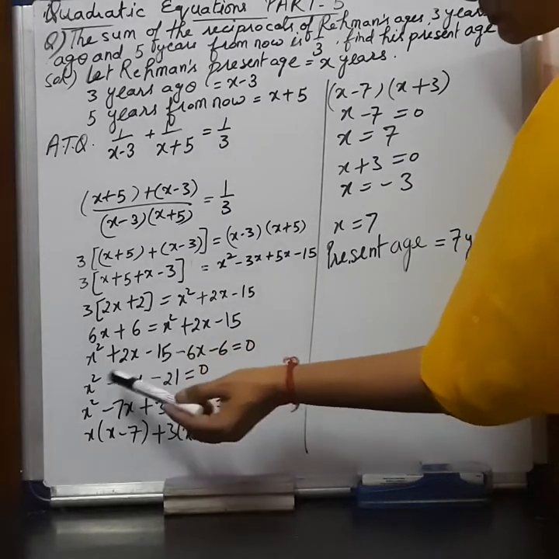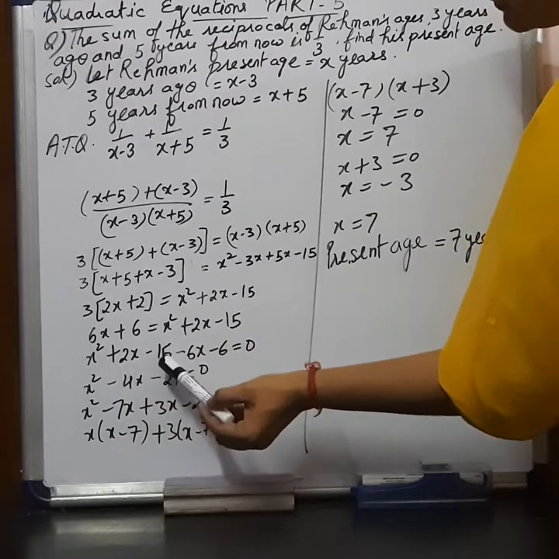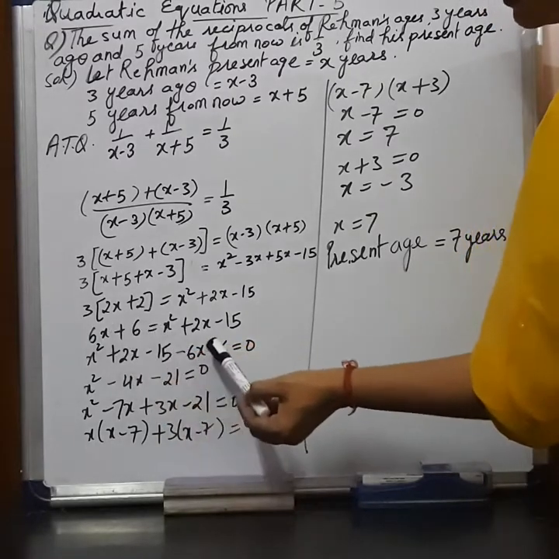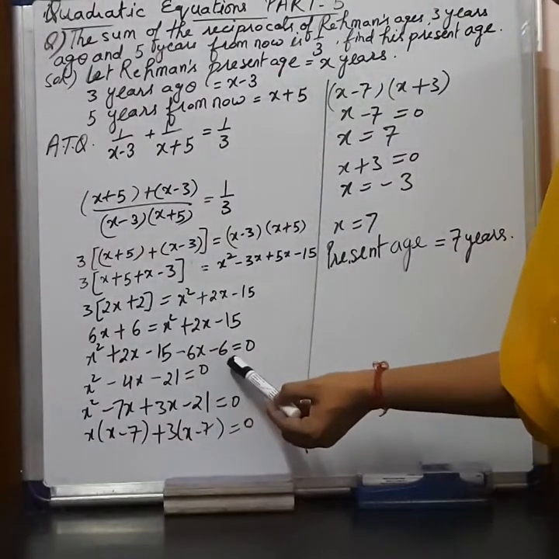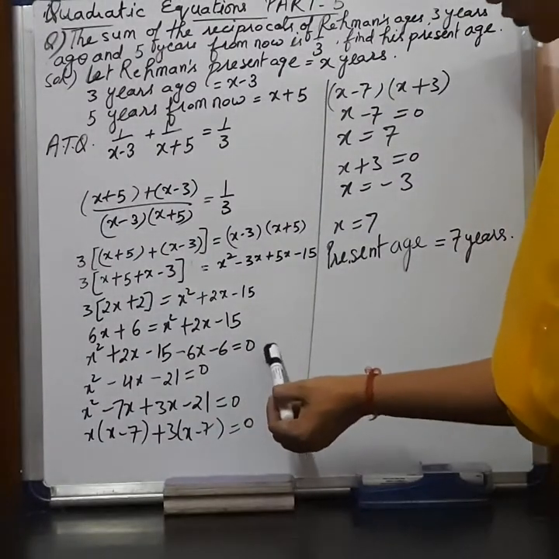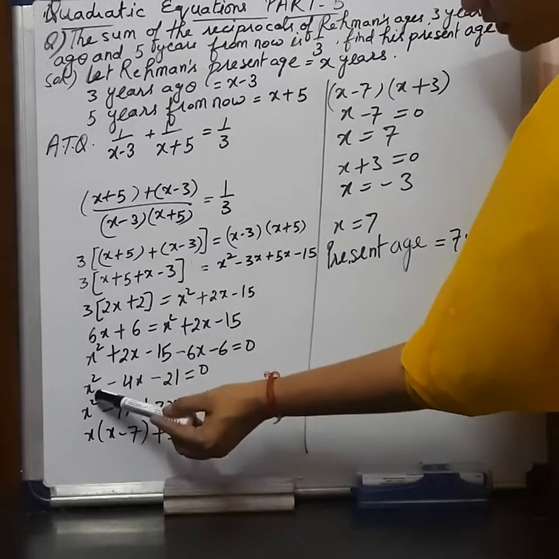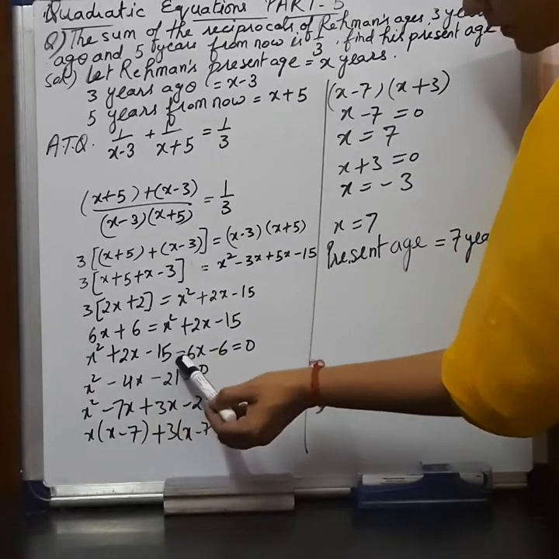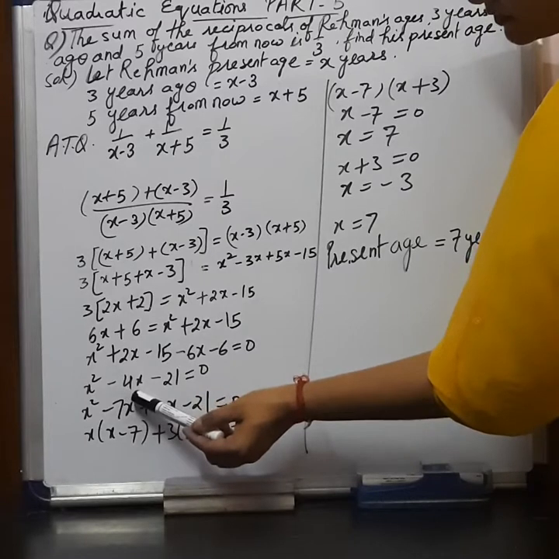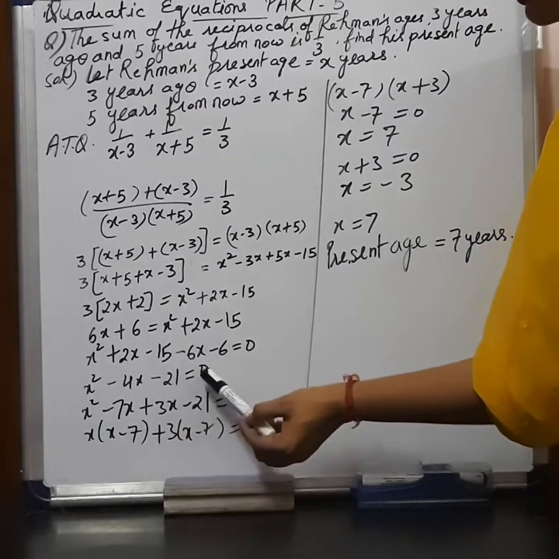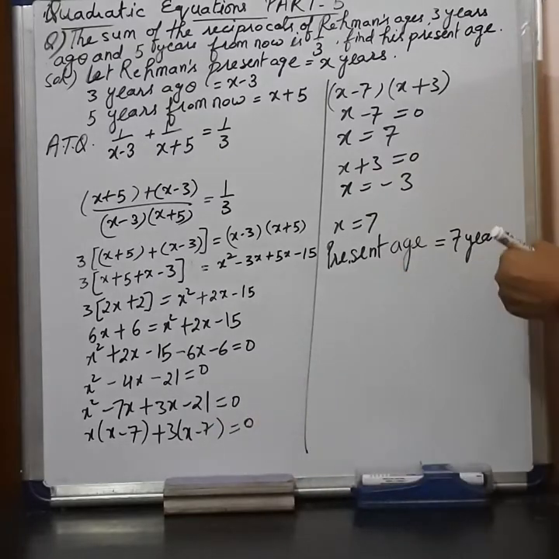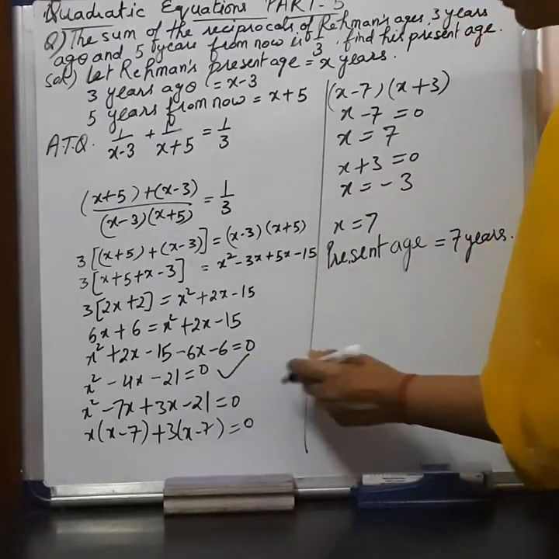So x square plus 2x minus 15 we will write like this. 6x we will take to this side, so it will come with minus sign, minus 6x and minus 6 is equal to 0. Now you will solve it. x square, minus 6 plus 2 is minus 4x, minus 15 minus 6 is minus 21, is equal to 0. So this is the formation of the quadratic equation.